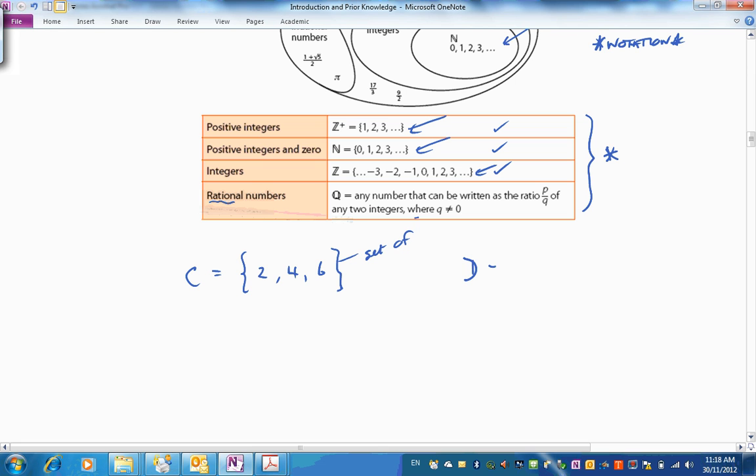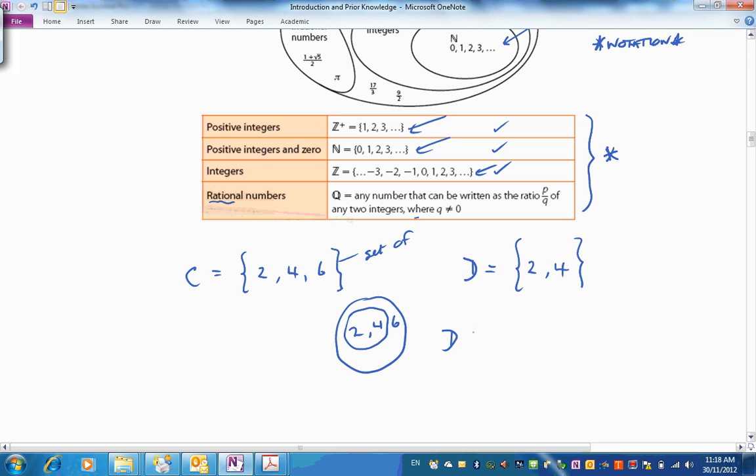Let's take D as being a set of just {2, 4}. Now, you can see that D is contained within C. If we were to draw a diagram, C is 2, 4 and 6, and D is only that much. So D is contained within C, and we put that in.